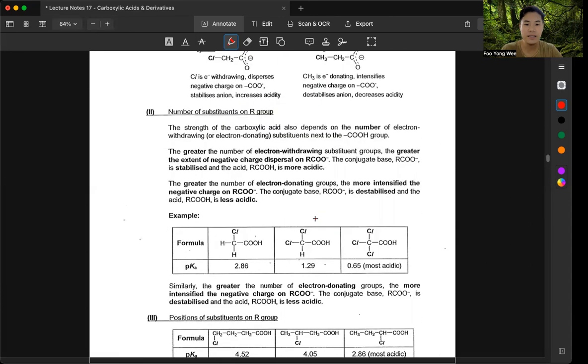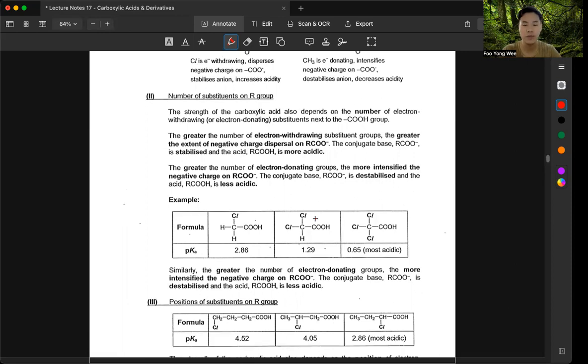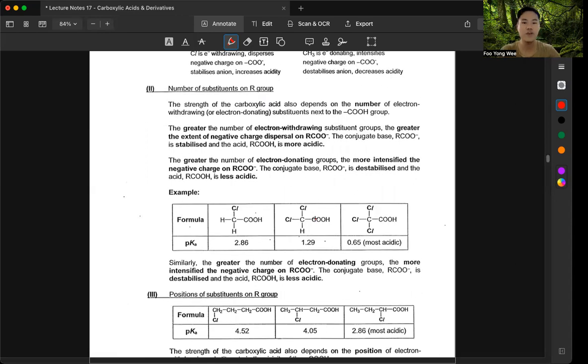Another factor is the number of substituents. The strength of the acid will depend on how many electron donating or electron withdrawing groups are next to the COOH group. If we have more electron withdrawing groups, the greater the extent of negative charge dispersal. The conjugate base will be more stabilized and cause the carboxylic acid to be more acidic.